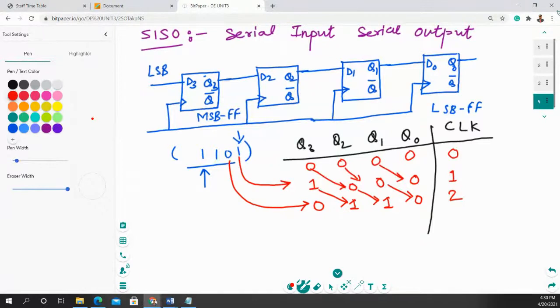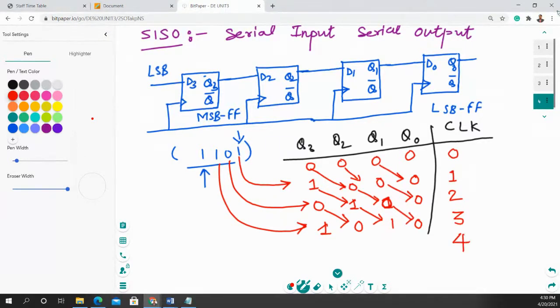So this 1 is shifted, this is again 0, and this is again 0. Now the third clock signal is provided. You have to shift this 1 toward the Q3 side, and you have to shift the 0s.